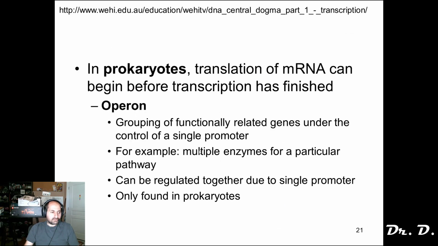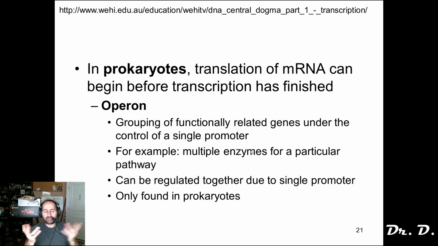Okay, so you don't need to know the fine details about that, but just realize that in prokaryotes you can have these genetic structures called operons, which is essentially groupings of functionally related genes under the control of a single promoter. For example, if the bacteria wants to digest lactose, it could have a number of lactose genes in a row that code for all these different proteins required for breaking down lactose.